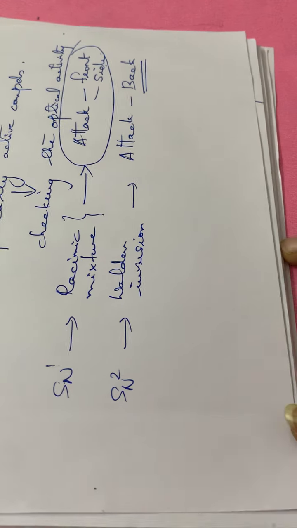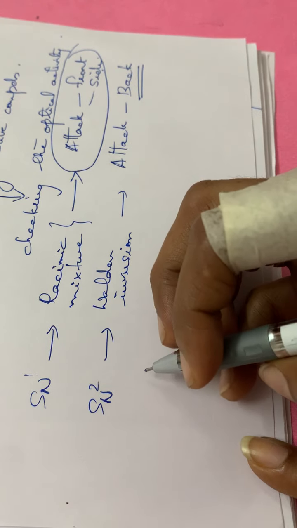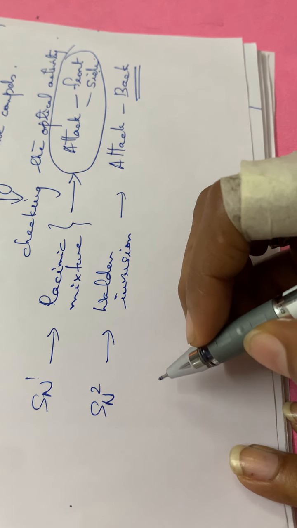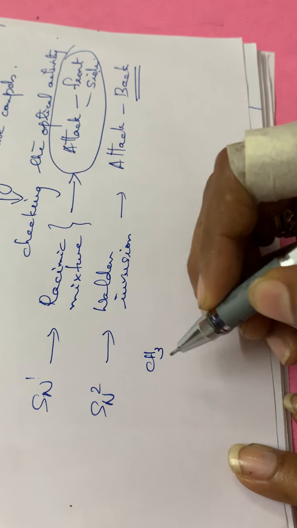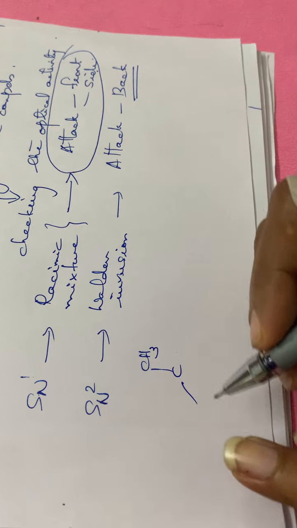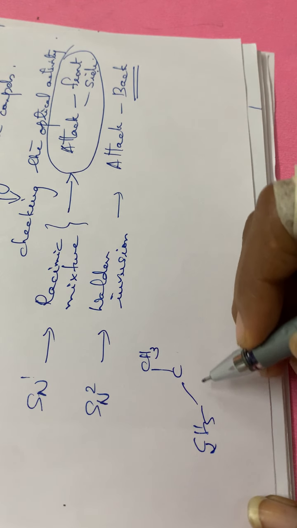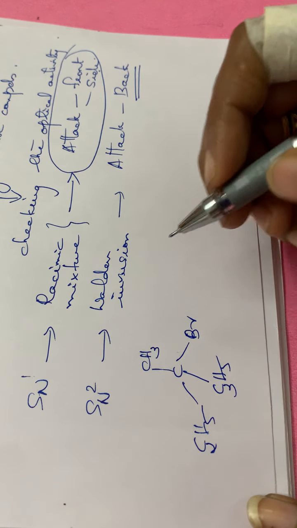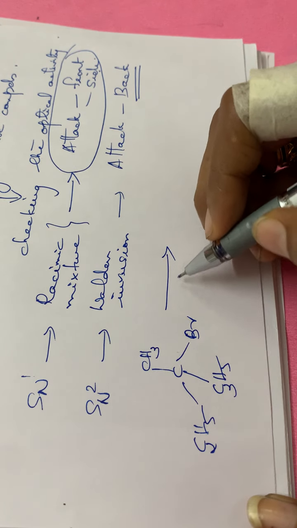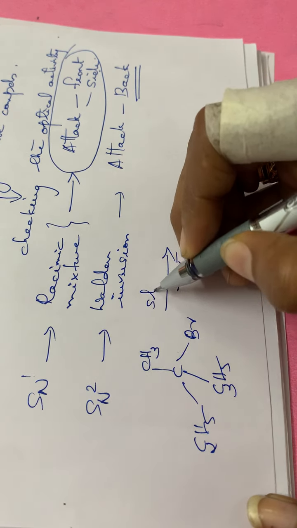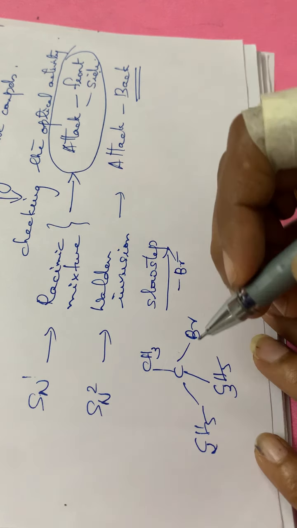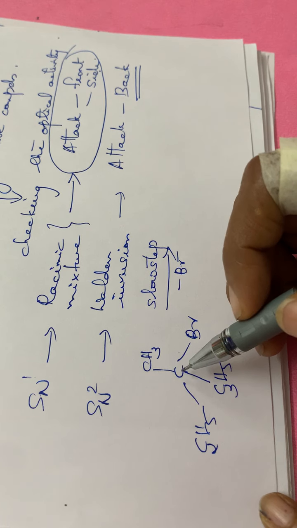Okay, so in your textbook, one more example for the SN1 mechanism is given, that is for racemization. We are taking a tertiary compound, that is CH3, C, C2H5, then C3H7, then Br. Then the first step, Br minus leaves, it is a slow step. So here this is a tertiary carbon atom, isn't it?